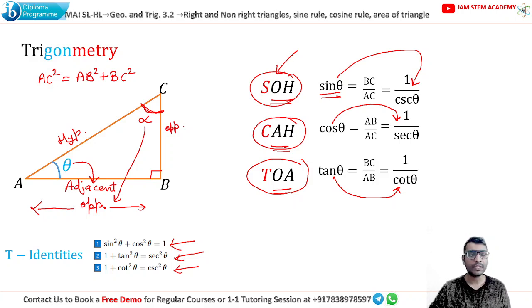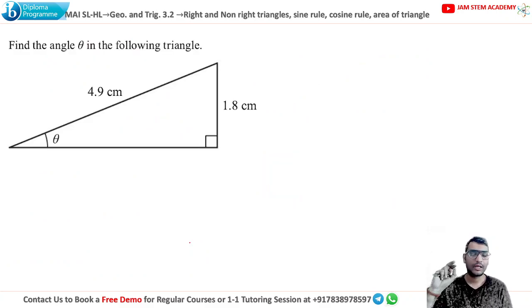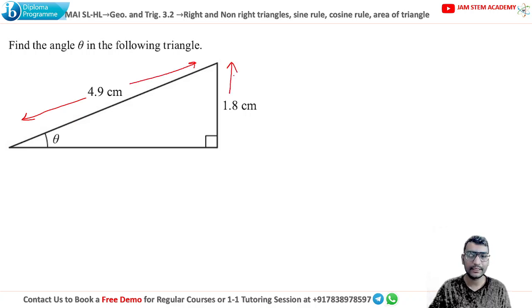That's it. So let's see how we can use these trigonometric ratios to find an angle or sometimes a missing side as well. In this case, we have to find the value of angle theta in this right angled triangle whose hypotenuse is 4.9. We are talking about this angle theta, so corresponding to it this side is opposite and this is the hypotenuse.